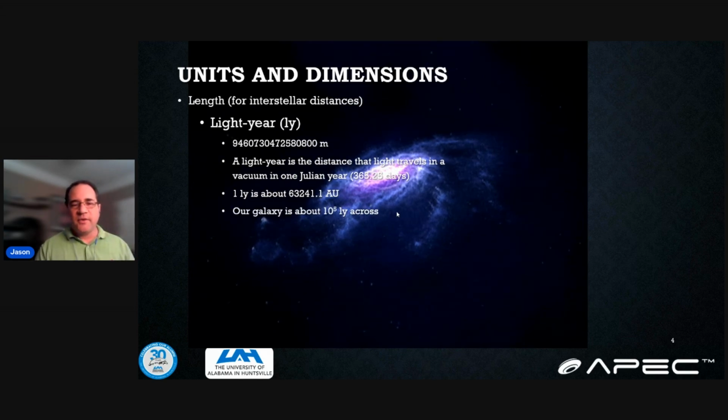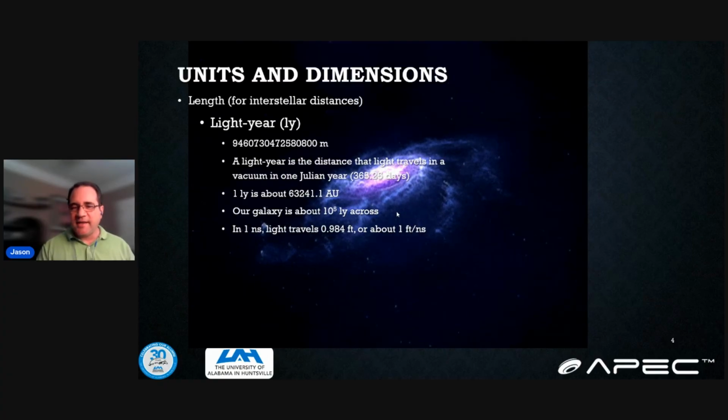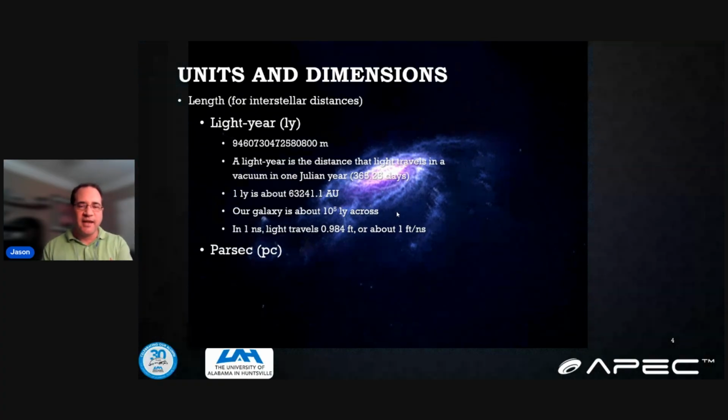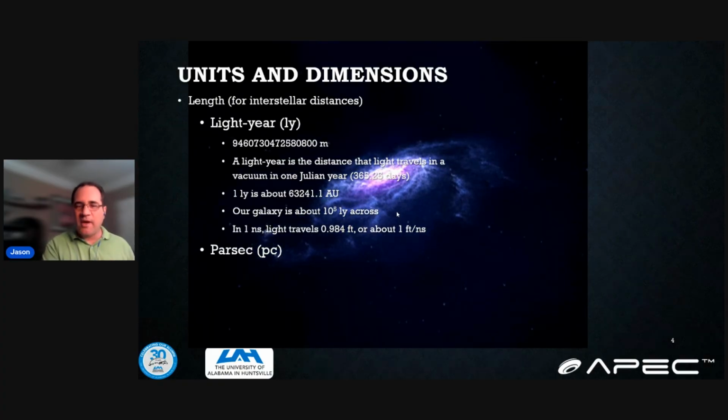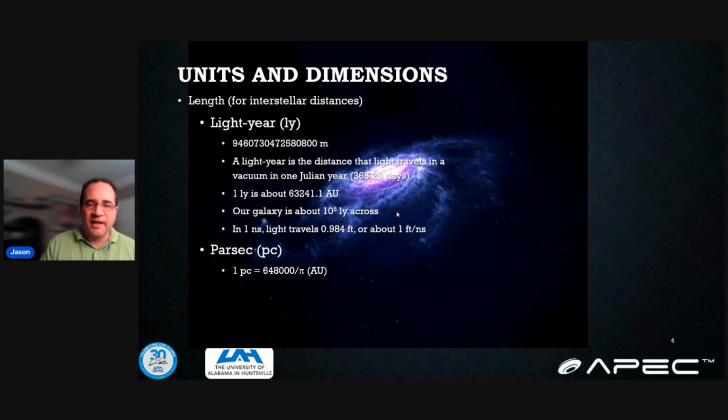Our galaxy is around 100,000 light years across. In 1 nanosecond, light travels just under a foot. So it's about a foot a nanosecond is how fast light travels. That's often useful in circuit analysis and pulse power, understanding how fast a wave travels down a transmission line, for example. A parsec is kind of a funny unit that requires some illustrations unless you're an astronomer to figure out what exactly it means.